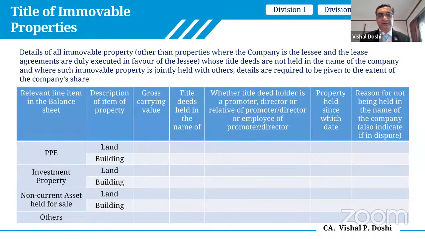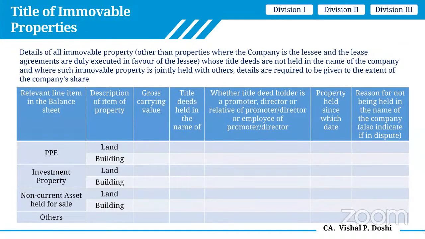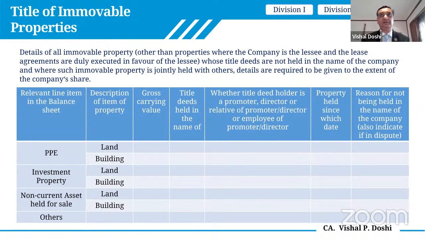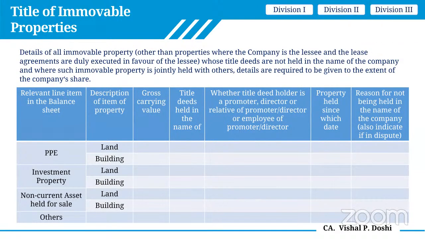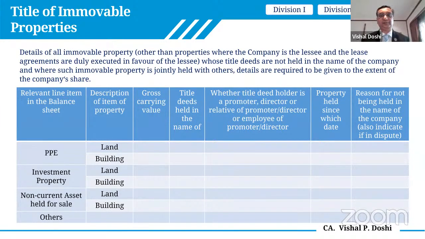Title of immovable properties. So wherever there is land and or building in the financial statements, be it under property, plant, equipment, be it under investment property, be it under non-current assets held for sale or anywhere else, whether the title deeds are in the name of the company or not.